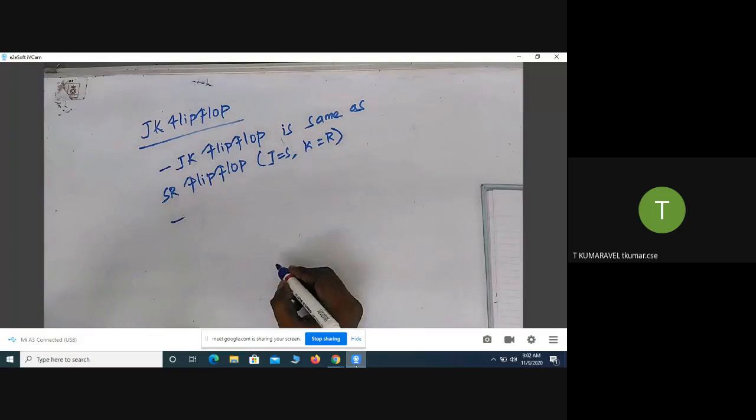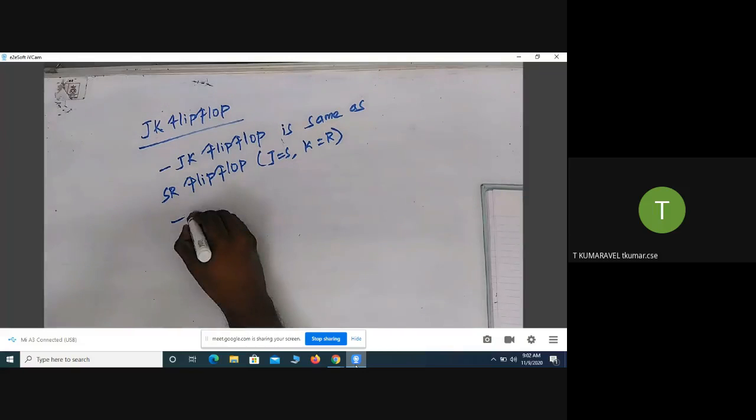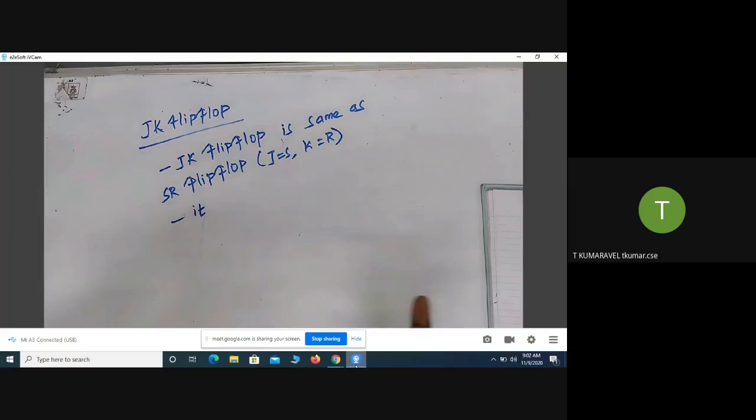That is called a forbidden state. Am I correct? Here, they provide the definition for what the output is when the input combination one-one occurs. This is the way the JK flip-flop differs from the SR flip-flop.